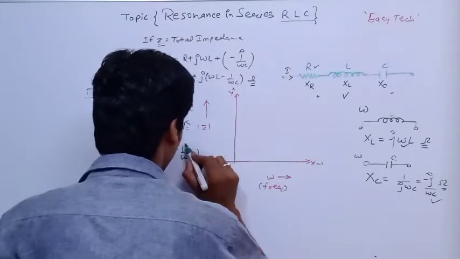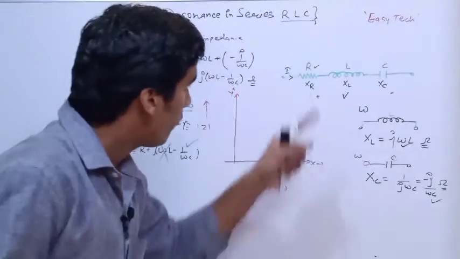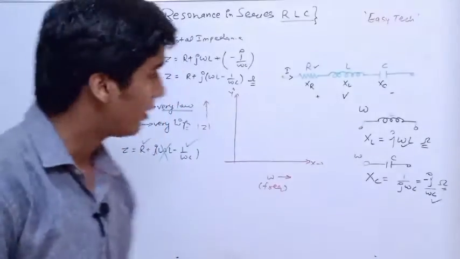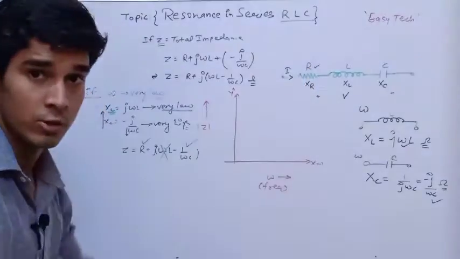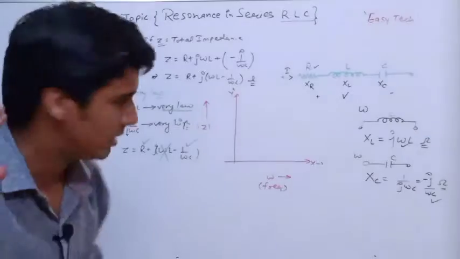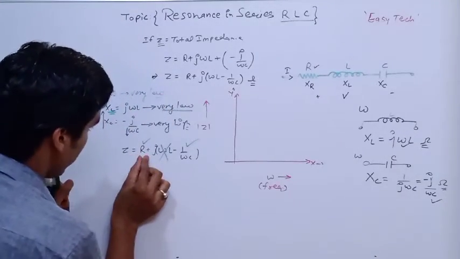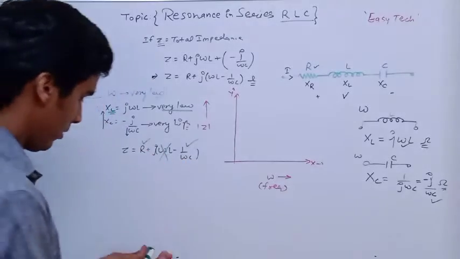So we can consider this term and we can consider this term because the value of resistance is not changing with respect to frequency, because resistance value is not depending on the frequency. So for omega very low, the circuit will be resistive and capacitive.